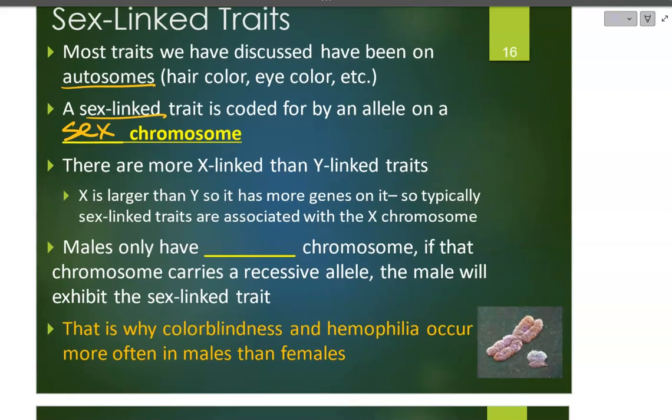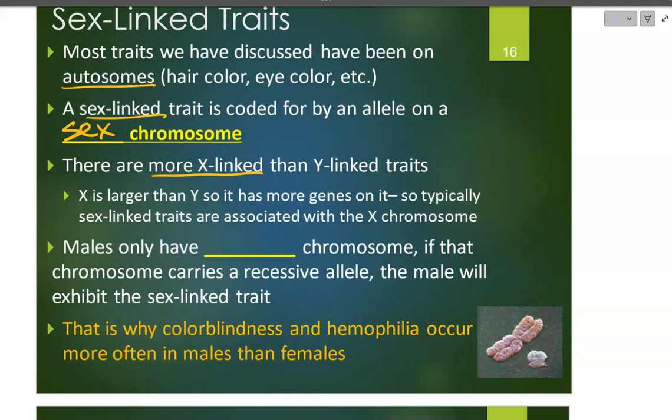Since the X chromosome is bigger, there are more X-linked traits than Y-linked traits. So typically we tend to study X-linked traits more just because there are more genes to study on it, and we can find X chromosomes in both males and females, versus the Y chromosomes are just found in males.